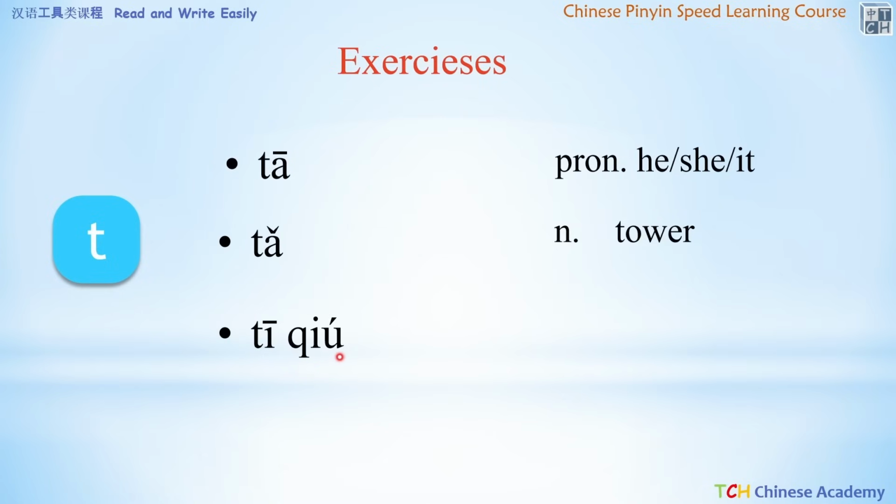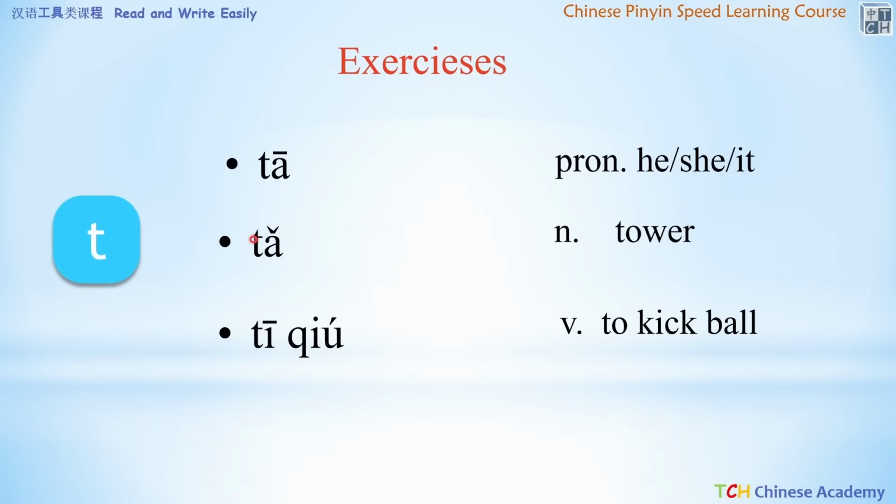So 踢球, tī qiú. That means to kick the ball. So tī is kick and qiú is ball. Any kind of ball game involving kicking, like football, soccer. So 踢球. Can you try?